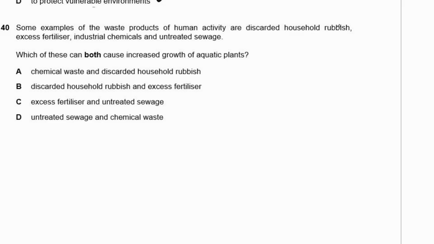Is it household rubbish? No, a lot of that's plastics and isn't actually useful to plants. Excess fertilizer? Well, fertilizer fertilizes plants, and aquatic plants are plants, so yes. Industrial chemicals, no, they can kill plants quite often. Untreated sewage contains a lot of our waste products, like urea, that contain nitrogen that are good for plants. So excess fertilizer and untreated sewage, that is answer C.